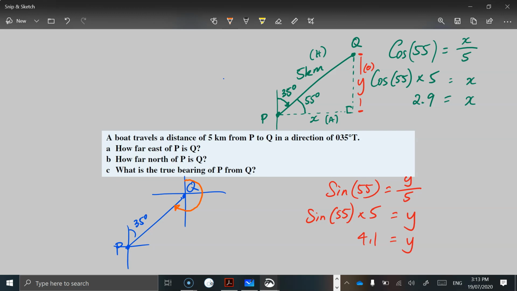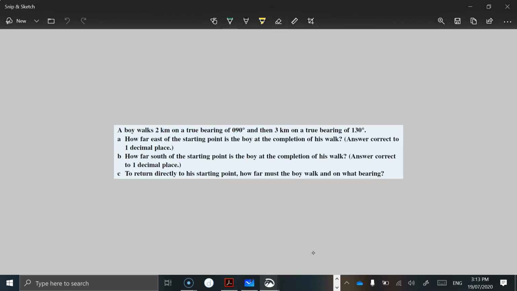Okay, bearing of P from Q. So going from here to here, we're looking at 180 plus our 35 because this is alternate to that, and that makes it 215 degrees. Okay, cool. Let's have a look at the other example.